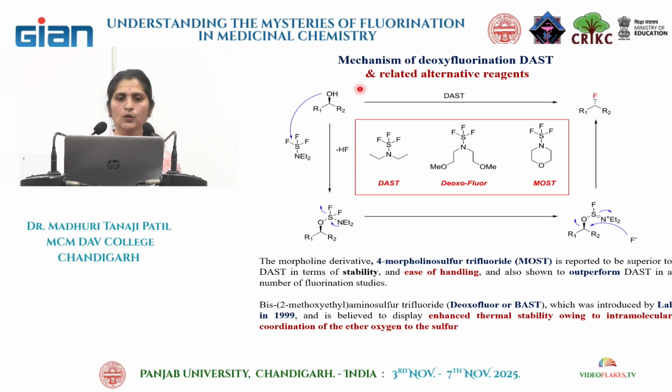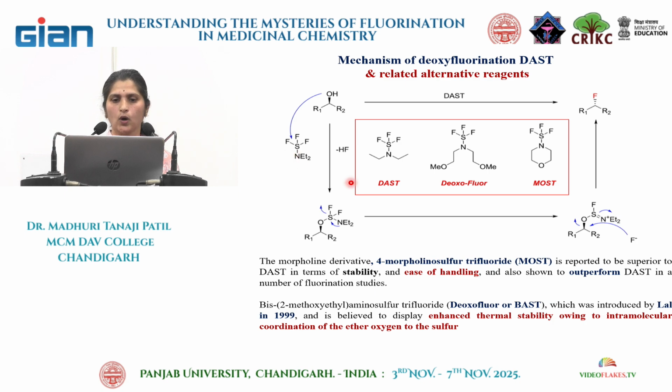And how does it work? So if you have alcohol, that OH will be replaced with fluorine, and most of the times you get inversion in configuration, but there are reports where you have retention of configuration, or in some cases there is a rearrangement. Okay, so you have to remember that also. So initially this OH will attack on the sulfur of this DAST, right?